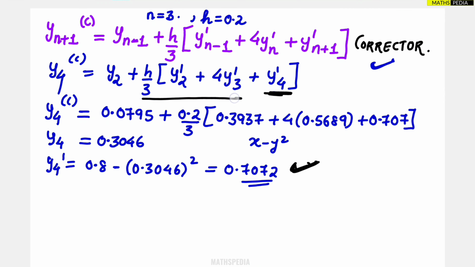So I'm again going to substitute in this formula. So y4, y2, everything will remain same. Only change is that y4 dash, the value will change this one. Okay, earlier it was this one, now it is 0.7072.